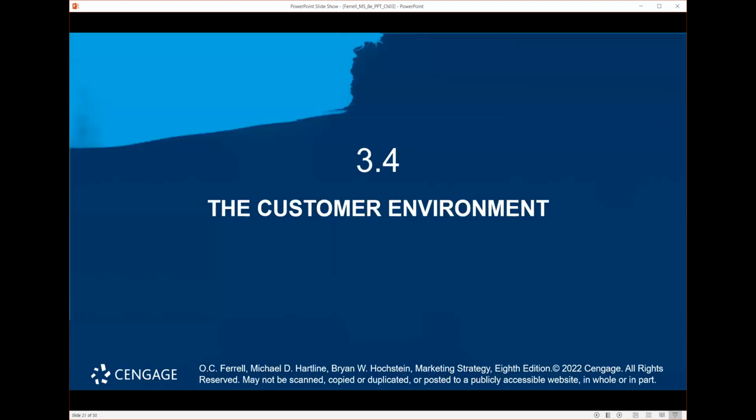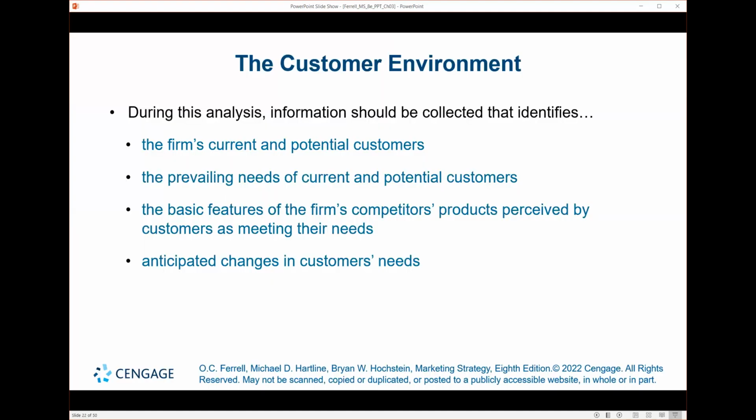Second is the customer environment. So, in doing the analysis of the customer environment, some of the things that you should collect are the firm's current customers and their potential ones. Who are their potential customers? Anyone who fits their particular market segment and target market.